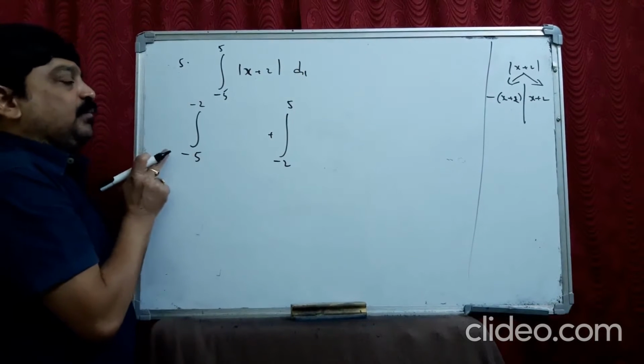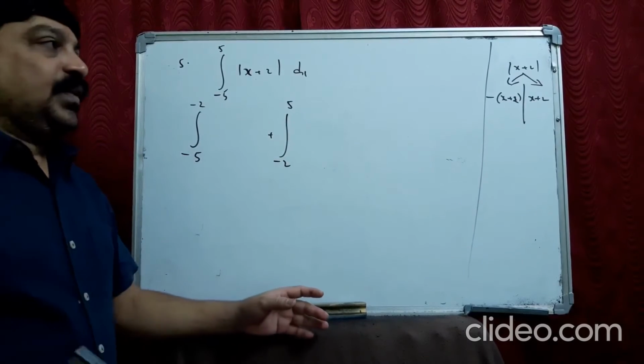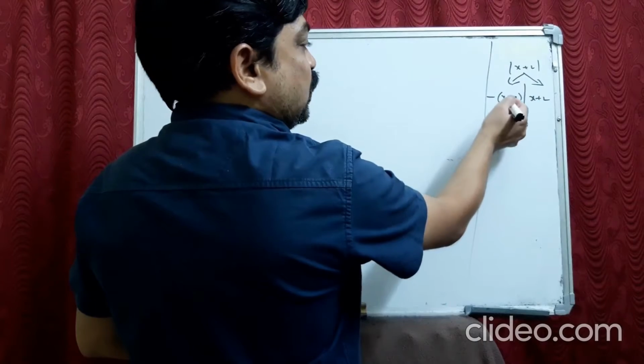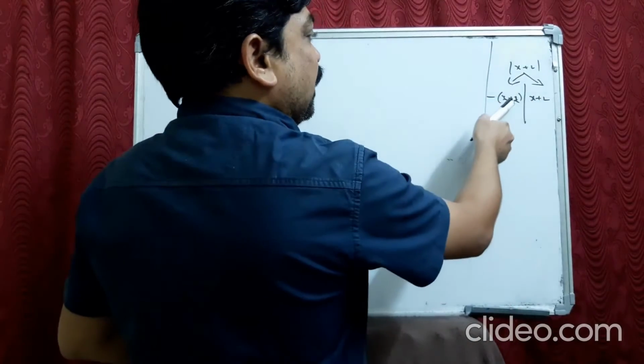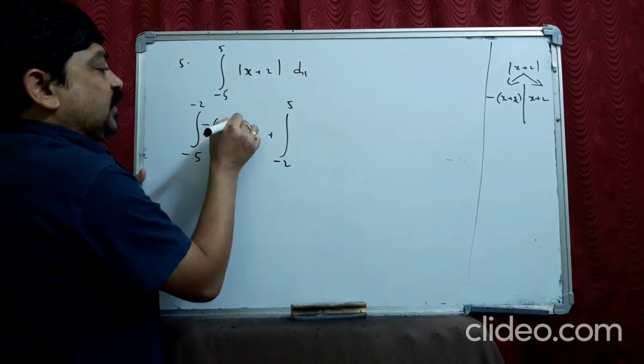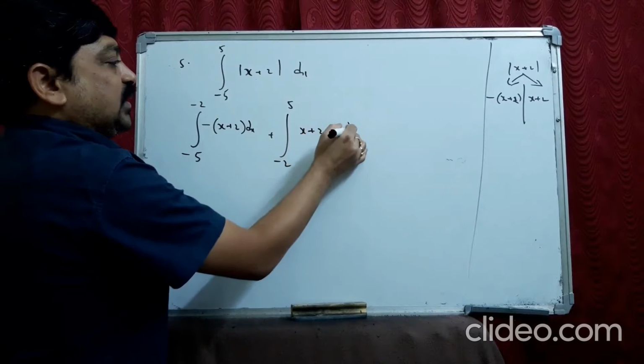Let us take any value between minus 5 to minus 2. Let us take minus 3. So if I substitute minus 3 here, what happens? Minus of minus 3 plus 2 becomes minus of minus 1, which is plus 1. So I take minus of x plus 2 dx here, and here it will be x plus 2 dx.